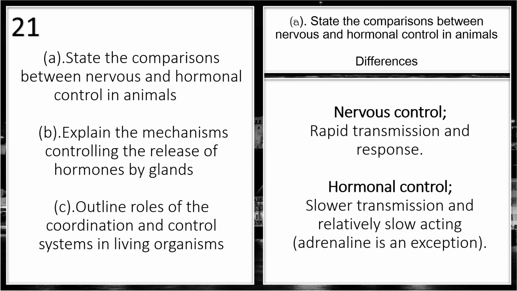Nervous control has rapid transmission and response. Hormonal control has slower transmission and is relatively slow acting. Adrenaline is an exception.